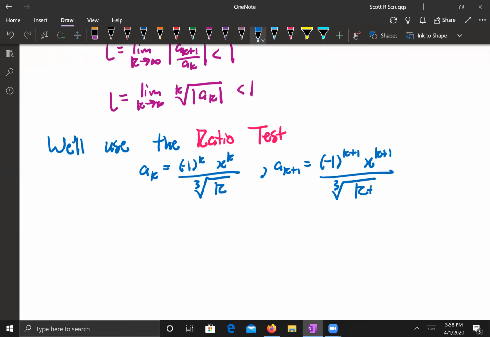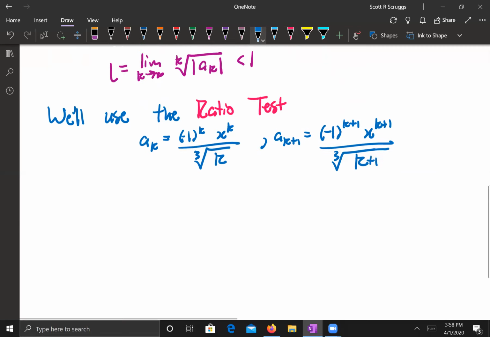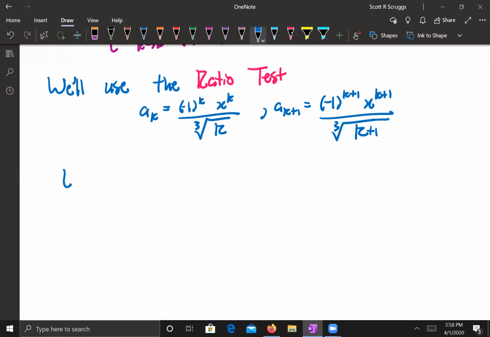Oh, and that needs to be k plus 1. So with that, let's set up L. L is the limit as k goes to infinity of the absolute value of A of k plus 1 over A of k.